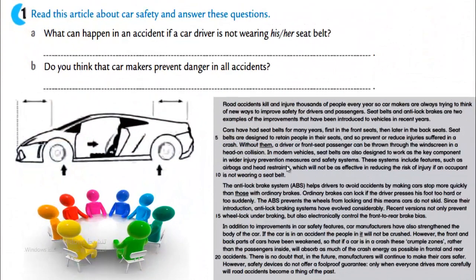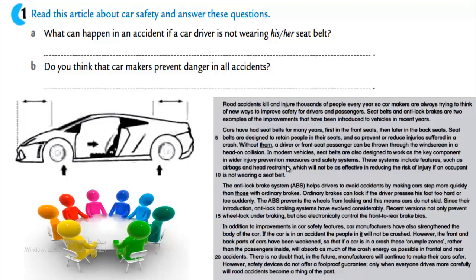Look at this text. Read this article about car safety. So we are going to read a text about car safety. Now read this text silently and answer these two questions.